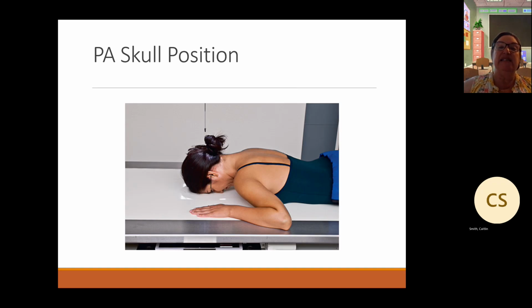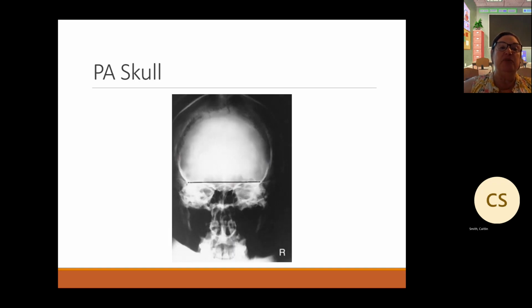So a PA skull is different. Now, for a PA skull, we're still going to use the orbital meatal line, but now the central ray is perpendicular and it's exiting at the glabella. And what happens is when you look at the projection, these petrous pyramids are sitting directly in the orbit.